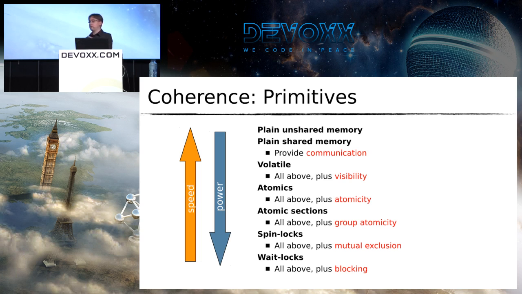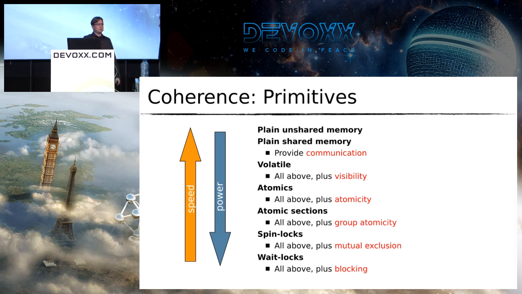So why am I telling you this? Because this is the road to perfection. If you can choose the synchronization primitive that you are using for your communication, you have to choose the least powerful one that still meets the needs of your application, because that brings you more performance. So it's useless, if you need to just communicate one single value between the threads, to wrap it up in a lock.